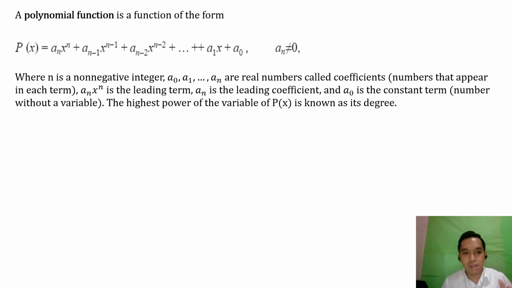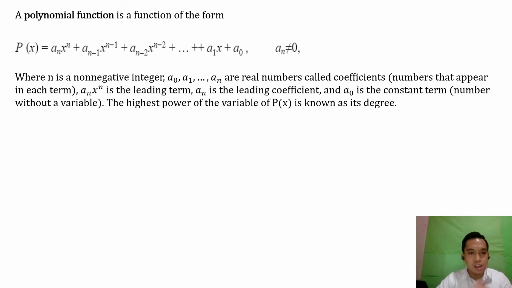Kasi kapag yung n mo ay negative, hindi na yan polynomial. So, hindi rin siya polynomial function. Okay? So, dapat yung n natin dyan ay non-negative integer. Then, yung ating a sub 0, a sub 1, at a sub n are real numbers called coefficient. Okay, coefficient yan. Numbers that appear in each term.